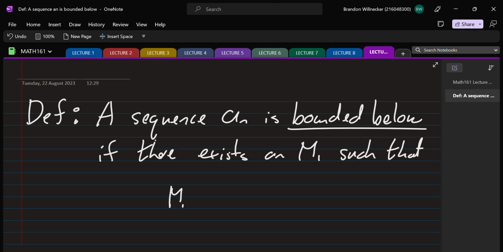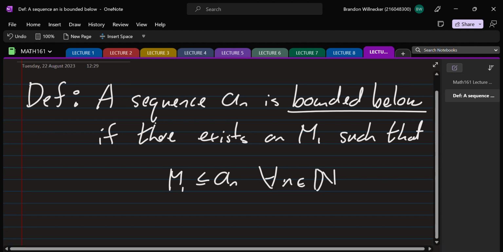So we have M1 is less than or equal to a_n for all n being a natural number. Okay, so it's bounded below. We see that M1 is the smallest that the sequence can get.